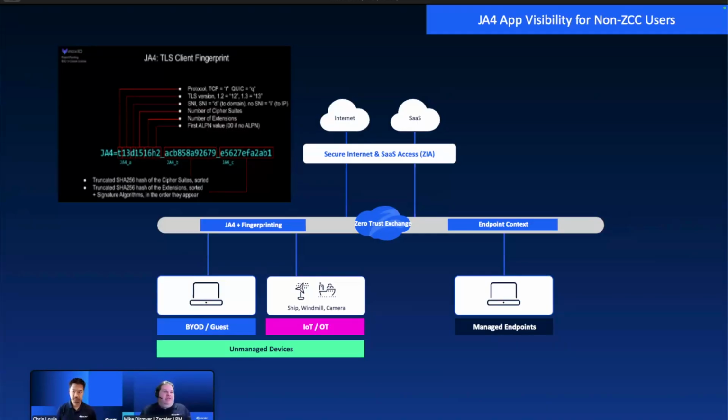JA4 gives us the capability to tell if there is malware or suspicious activity in those connections going out to the internet, even without being able to decrypt the traffic. By fingerprinting the traffic, the connection, and various other things that are part of JA4, we'll be able to tell whether this device is behaving or if it's potentially compromised. It allows us to detect things that we otherwise would not be able to without JA4.